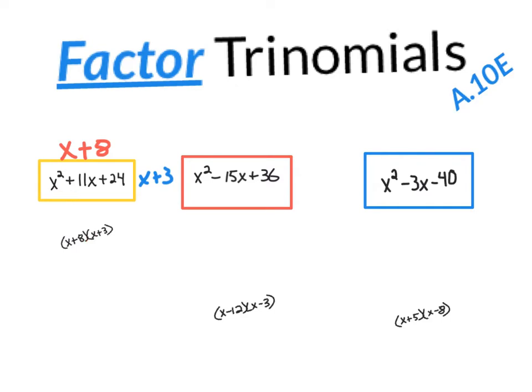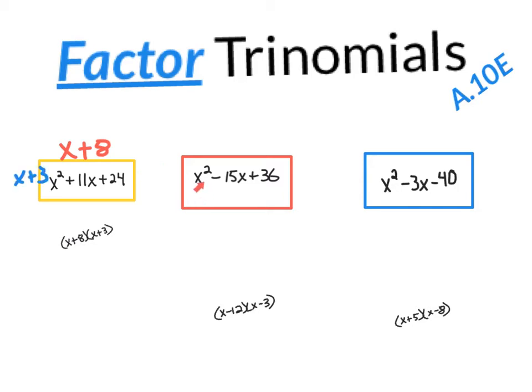Now we're going to work backwards, where we're given the trinomial and we determine the factors of the trinomial. You'll notice that this 8 and 3 add up to 11, and they also multiply to equal 24. Keep that in mind as we work through some of these other examples.